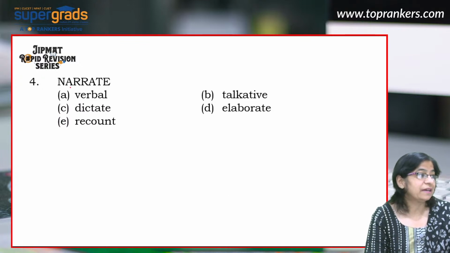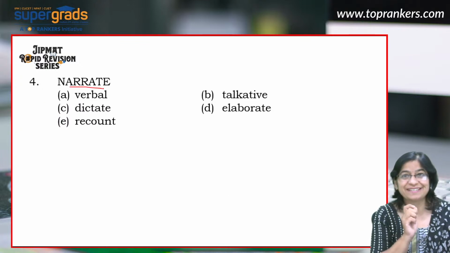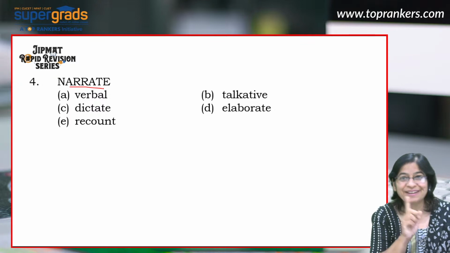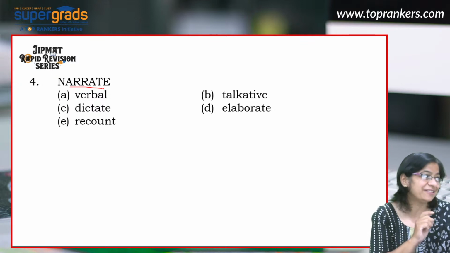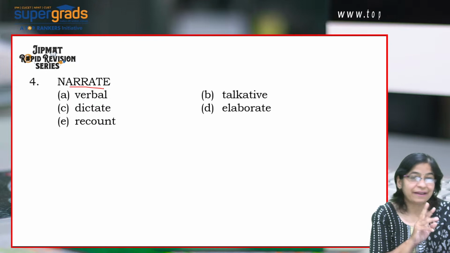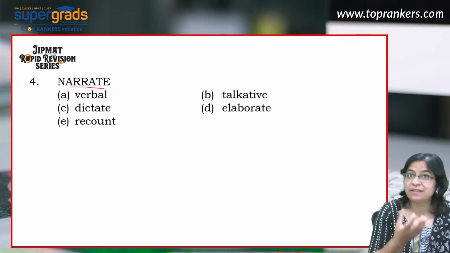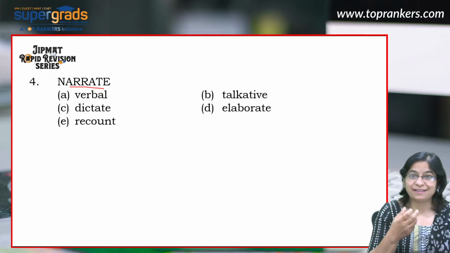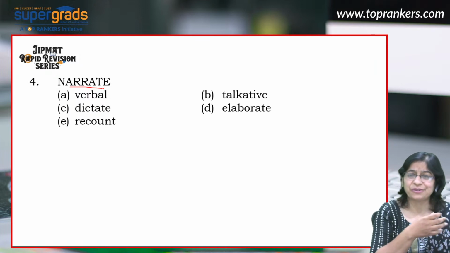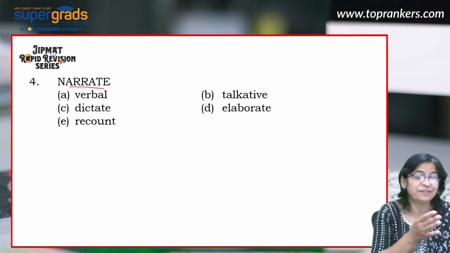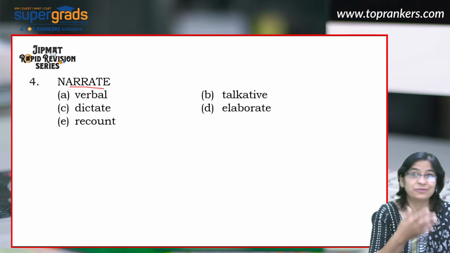Okay, the next one, narrate. Now, this one is very interesting. Looks really simple, but I'd love to see what answers you have to give here. Very good, Adarsh. Good answer. Now, narrate simply means to tell. Let's say you have to tell something to your friend, so you narrate it to your friend. You went somewhere, you saw something, and you want to share it with your friends. So you narrate the incident to your friend.